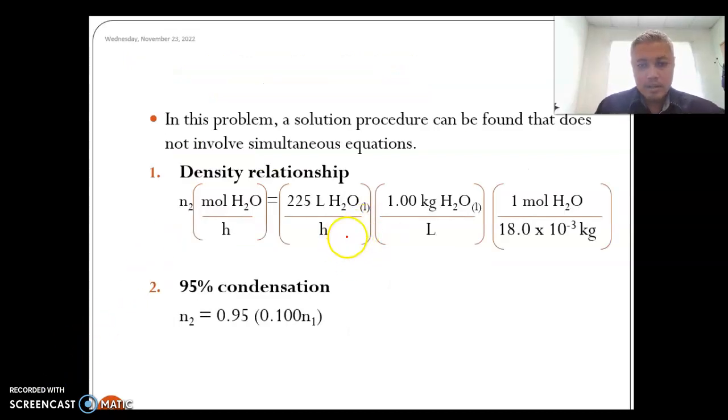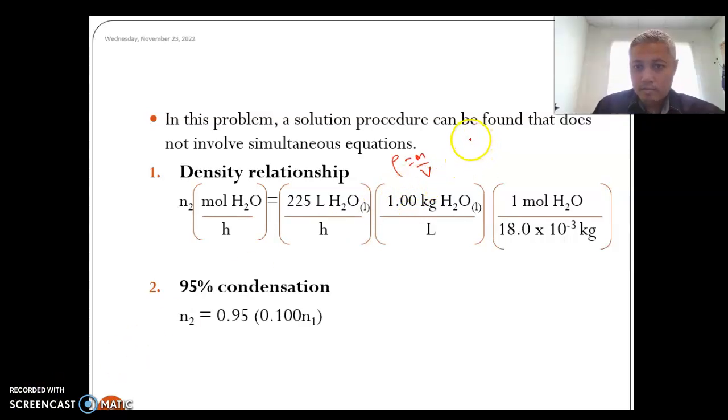Now let's solve this question. The first one is N2. We have been given it in terms of liters per hour, so we just convert the unit by using density. We have this, right? Density equals N over V, so we can find the number of moles.